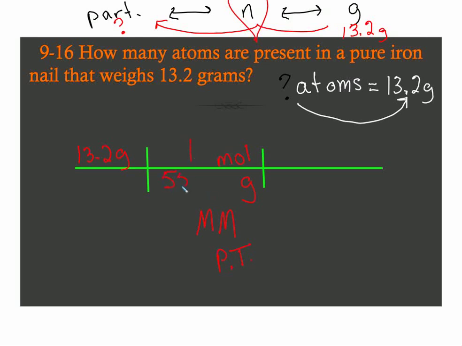For every 1 mole, the periodic table tells us that we would have to measure out 55.85 grams of iron. So now we've made it one step. We're not done yet. We need to eliminate moles and we need to get to atoms. Now remember, atoms is something we count. That's where count Avogadro's number goes.